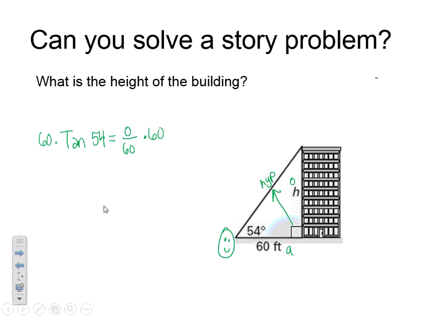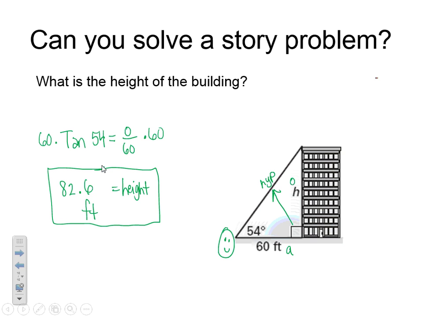And 60 times the tangent of 54, that height would be 82.6 feet. So the building is 82.6 feet.